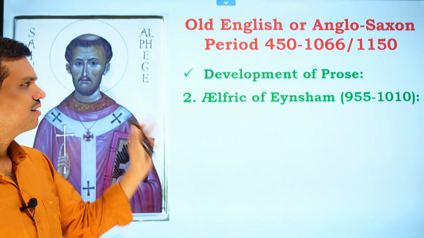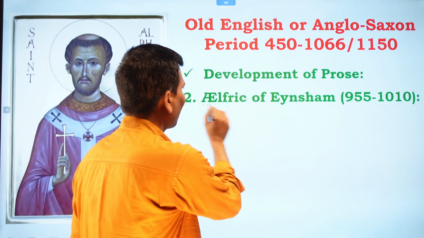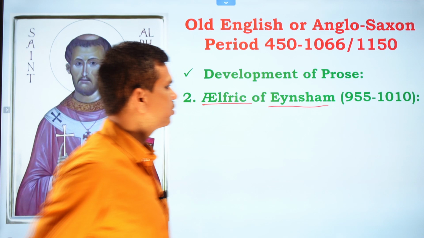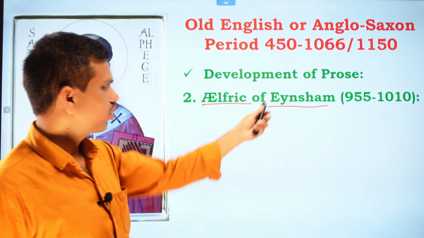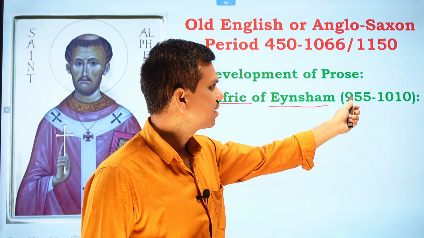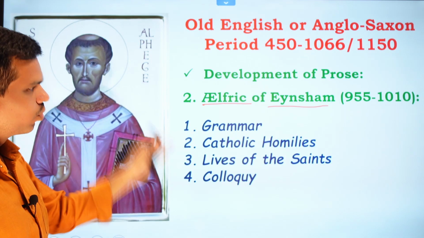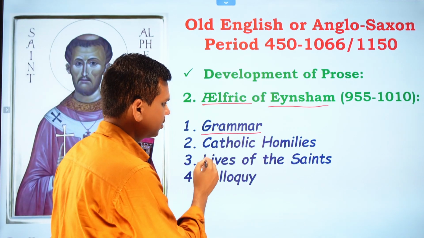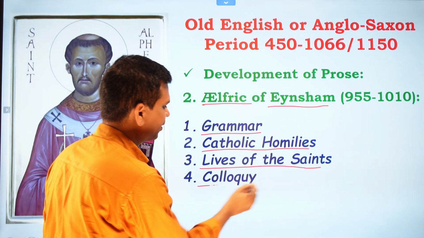Then we have the second author in this series of the development of prose, Alfred of Eynsham. He was an abbot, or head of a church, of Eynsham, and his lifespan is 955 to 1010, and he composed some works like Grammar, Catholic Homilies, Lives of the Saints and Colloquy.